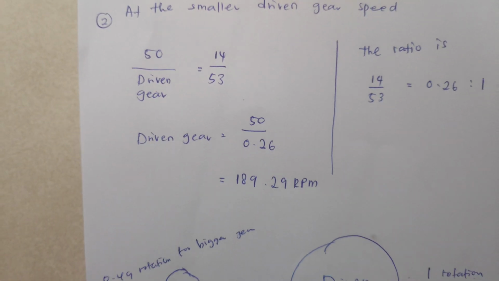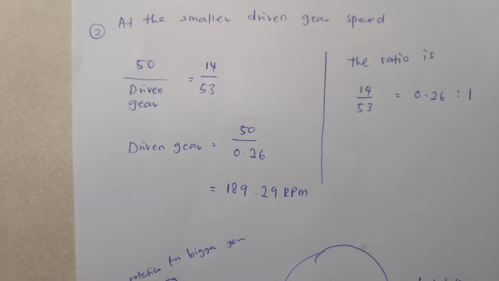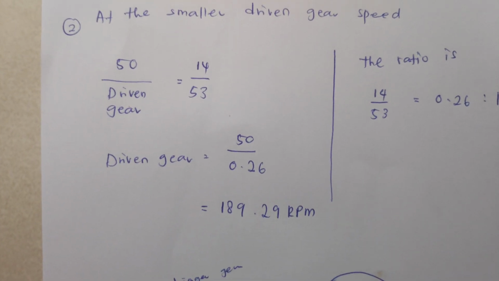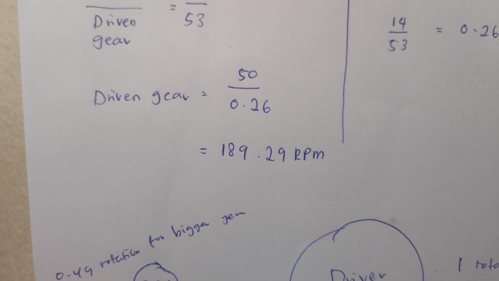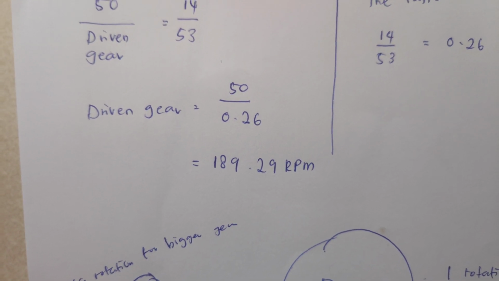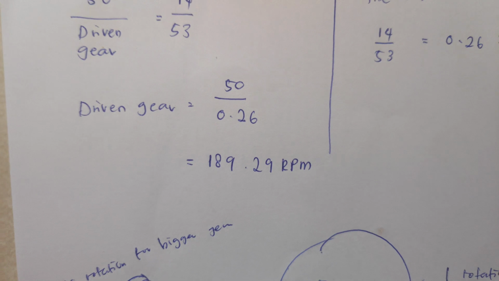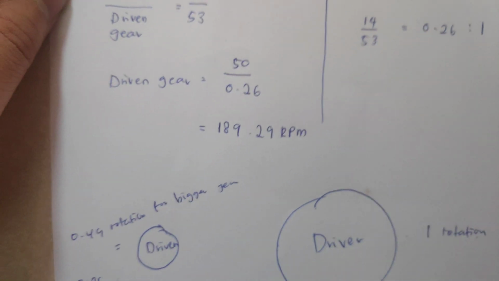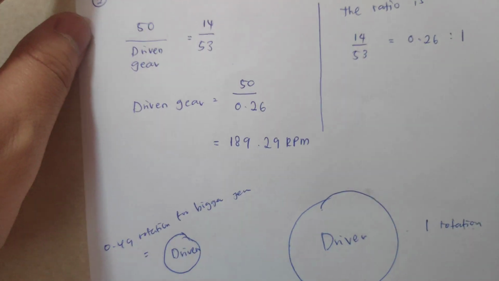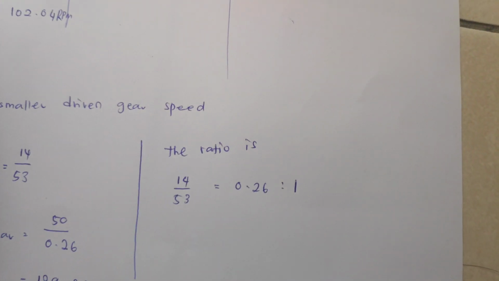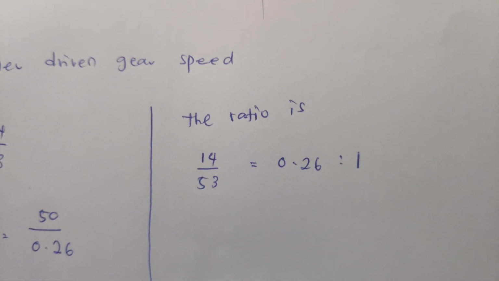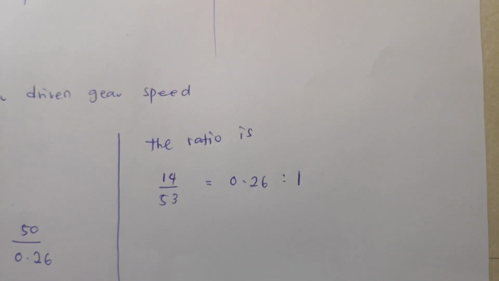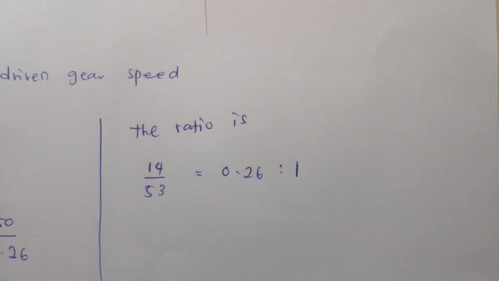So then the driven speed equals 50 over 0.26, which equals 189.29 RPM, or revolutions per minute. Now the ratio is 14 over 53, which equals 0.26 ratio to 1.